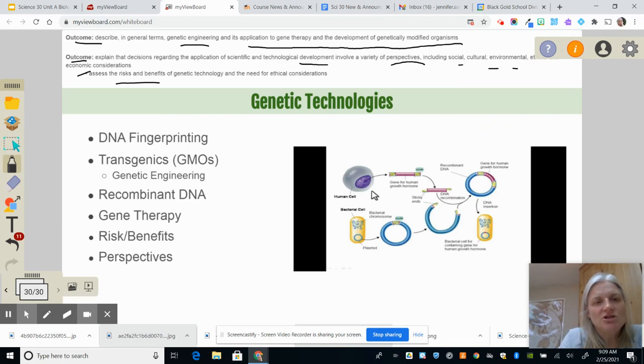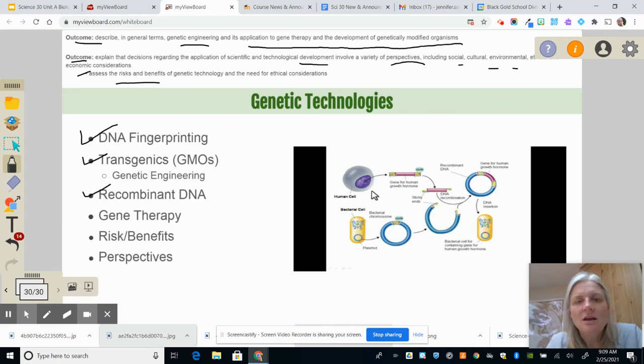Some of the genetic technologies to review: DNA fingerprinting, how it's used for paternity tests or identifying criminals in cases. Transgenics, where you're mixing two different organisms' DNA together to create an organism that has characteristics that you want it to have.